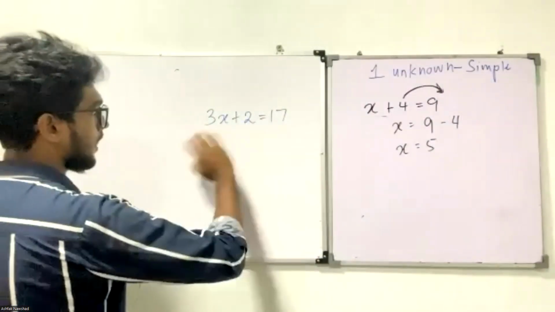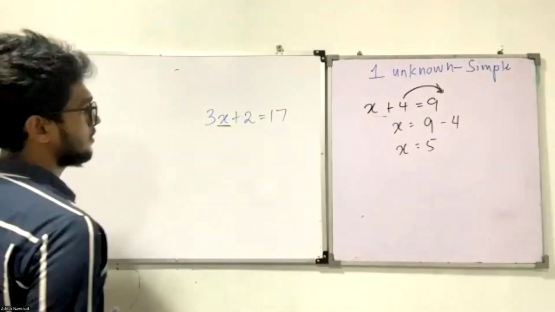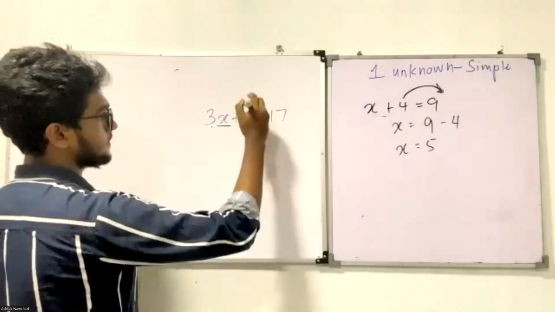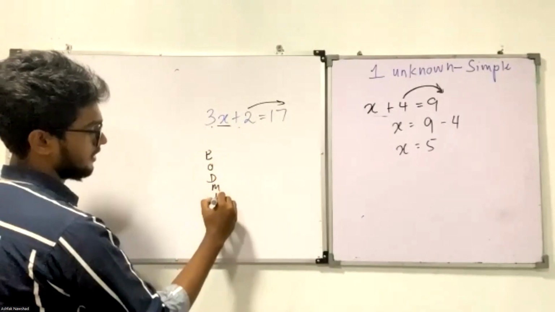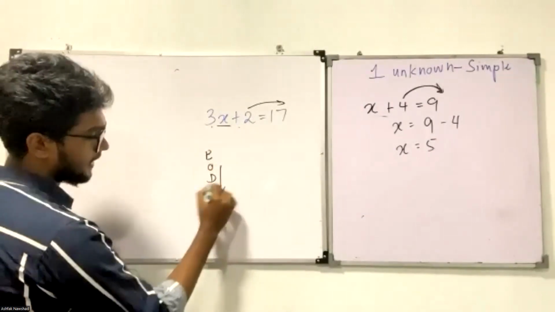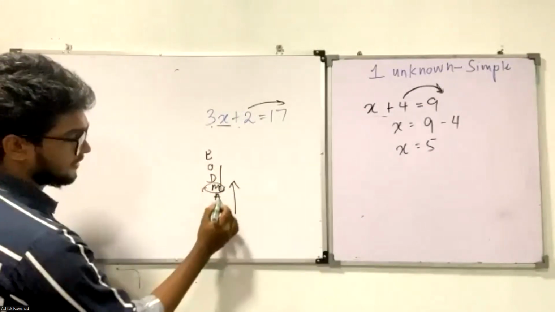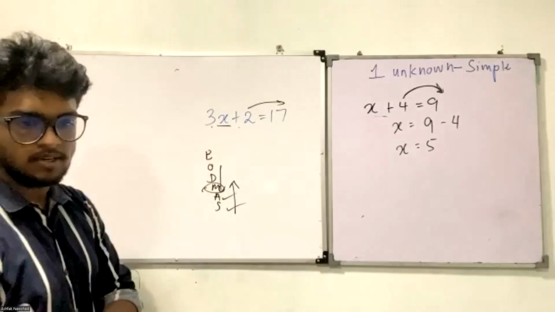You remove the unwanted stuff to the other side, like we have to make x the subject. So there's an addition and a multiplication. We remove additions first. Additions are easier to remove. Like in BODMAS, we do multiplication first. In subjecting, we do the reverse. Additions are removed, subtractions are removed, and then only multiplications are removed.